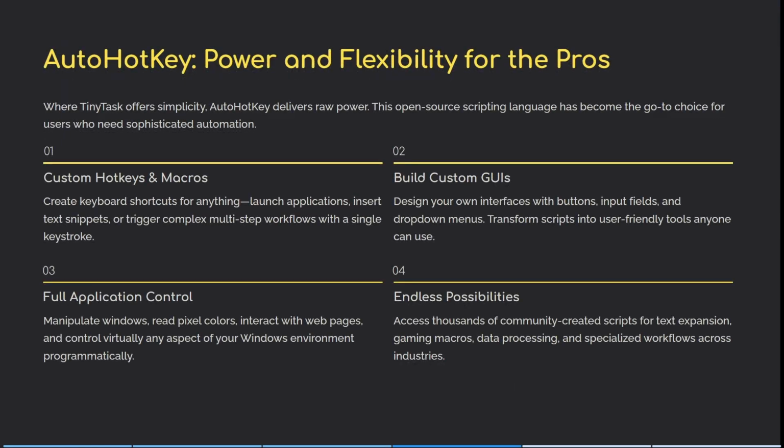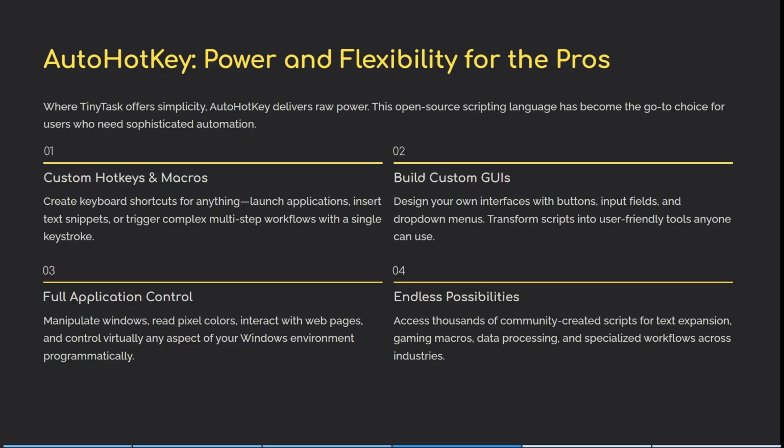Next, we're having a look at AutoHotKey, which offers power and flexibility, and is more suited for a professional user. Where TinyTask offers simplicity, AutoHotKey delivers more raw power. This open source scripting language has become the go-to choice for users who need more sophisticated automations. Here are some of its advantages.